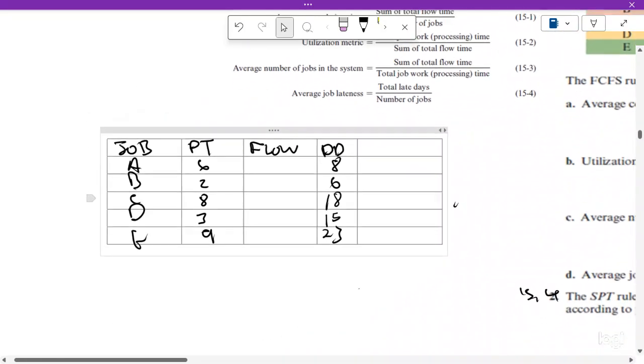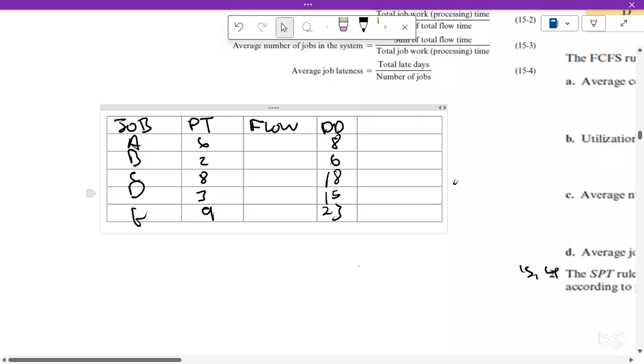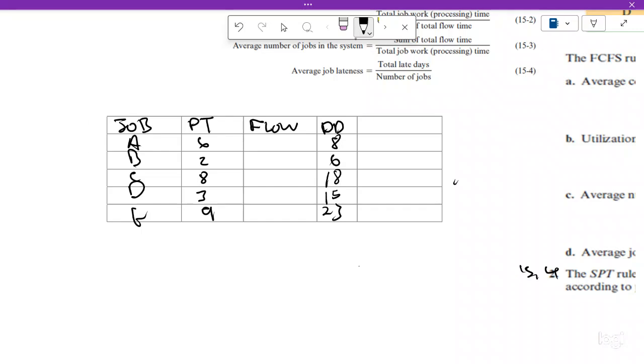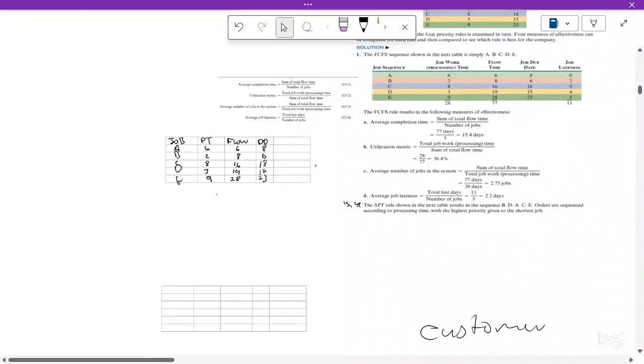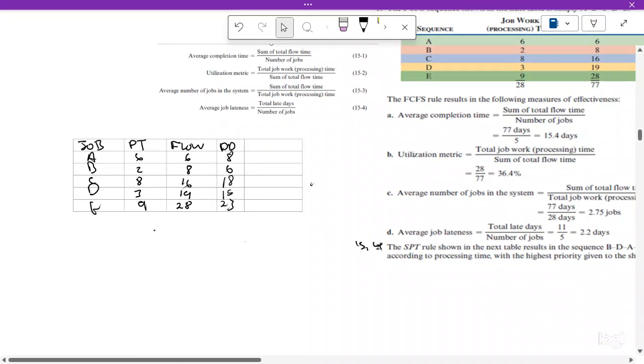So now when we flow, we flow like this. 6, then 6 plus 2 is 8, 8 plus 8 is 16, plus 3 is 19, and 19 plus 9 is 28. Okay, and then lateness now.